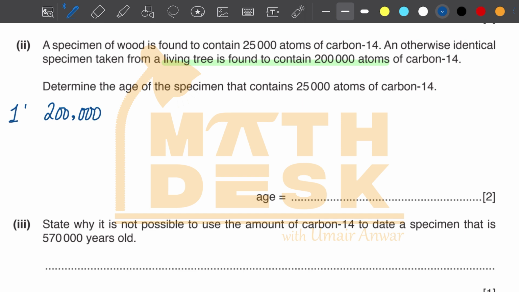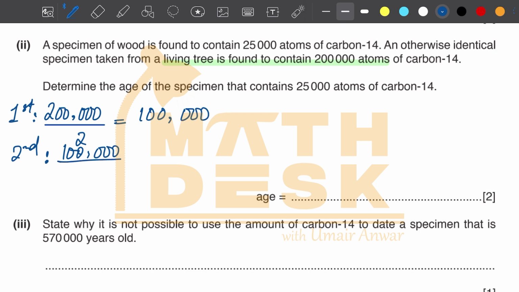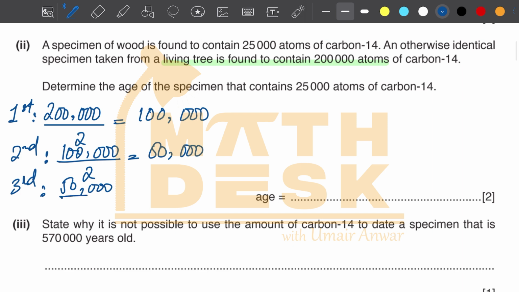After the first half-life, it reduces by half to 100,000. After the second half-life it becomes 50,000, and after the third half-life it becomes 25,000 atoms, which is the number given in the question.